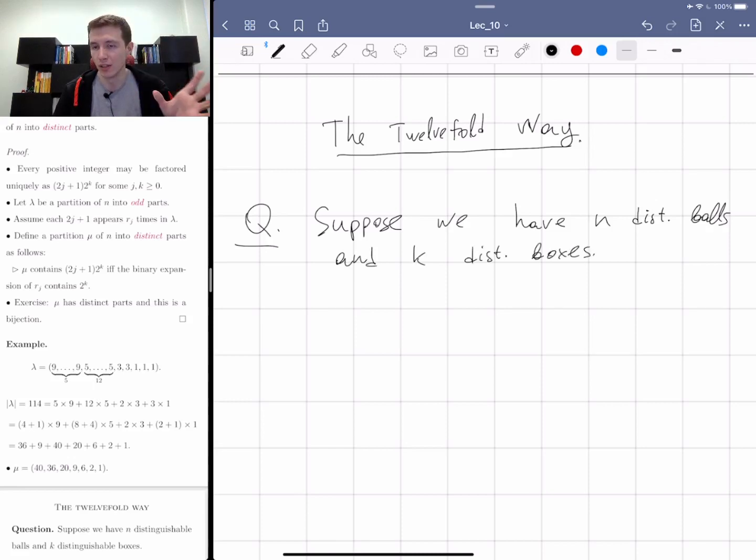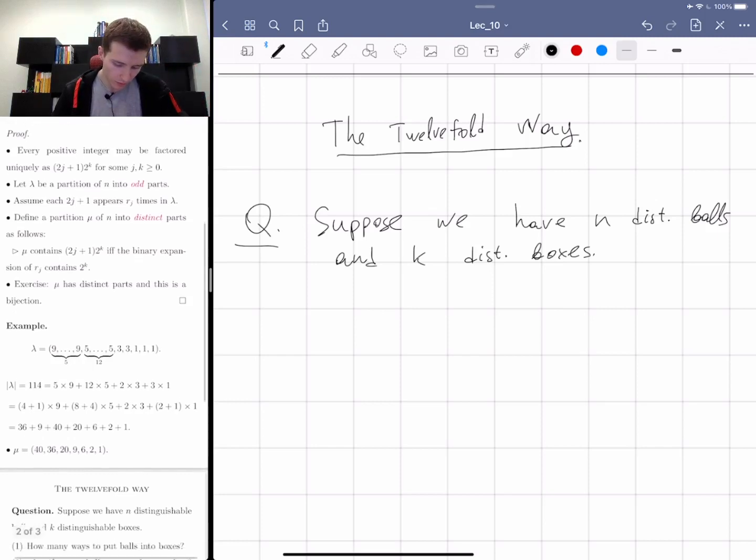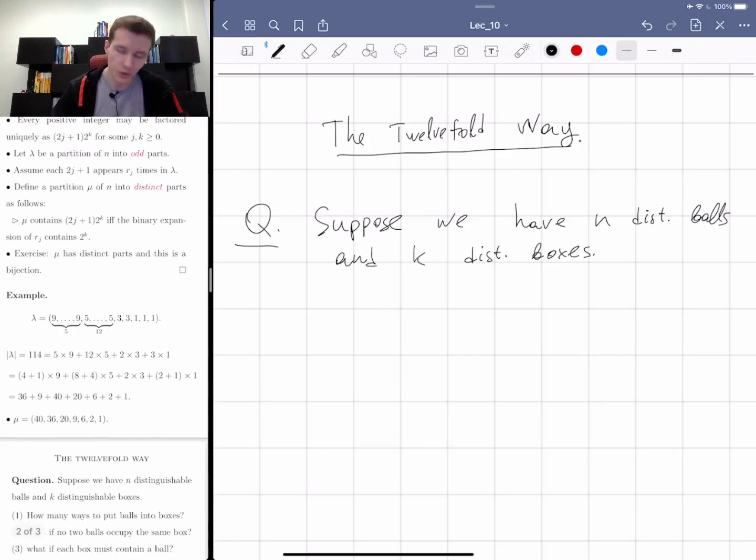So the balls are labeled and the boxes are labeled, and then you're going to ask 3 questions. Eventually I'm going to ask 12 different questions, but for now let's stick with 3.